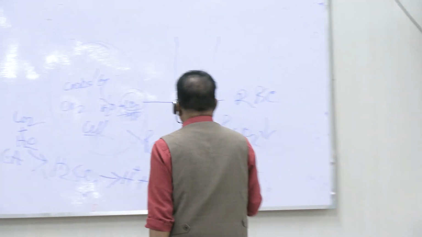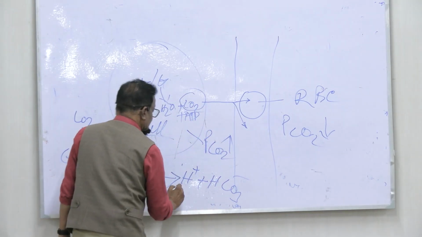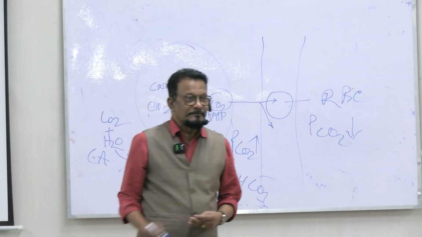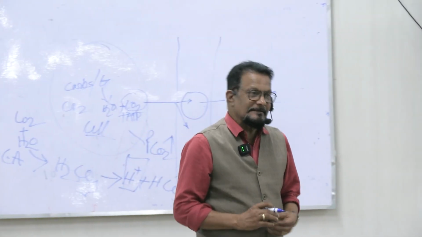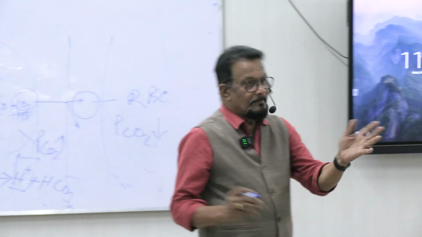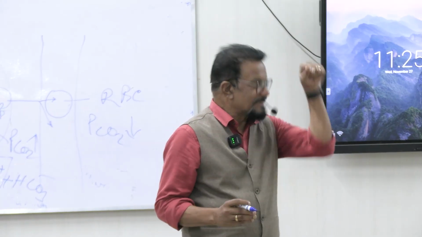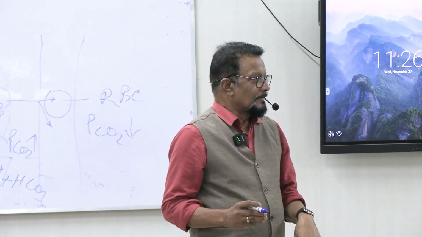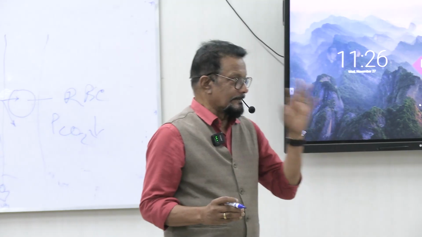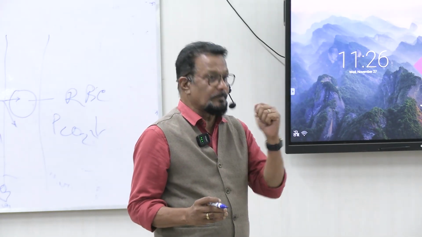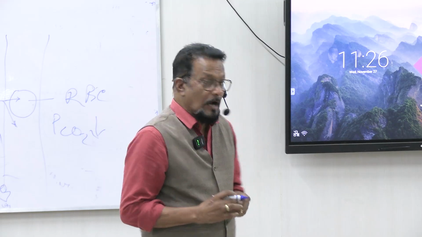So more carbon dioxide means more production of this within the cell. So as a result, the RBC may lose its activity. pH will be lowering, no? So it has to be eliminated. This hydrogen has to be eliminated. So how it is done?